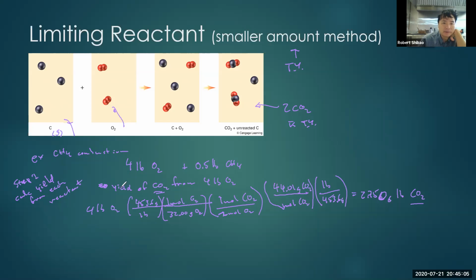Hypothetically exact. And so that's a yield of CO2 from 4 pounds of O2. Now let's calculate the yield, the same thing, the yield of CO2 from half a pound of methane. Again, this is a hypothetical problem.